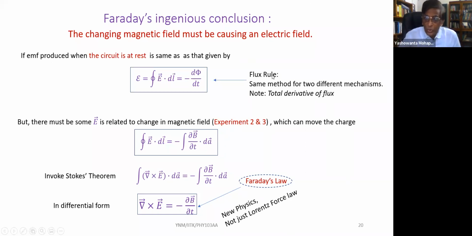So the flux rule is really the same method for two different mechanisms, or as Griffiths says, they are two twins. That doesn't mean they're the same. If two persons have two different names, it doesn't mean the two persons are the same. So the flux rule is a procedure which will give you the same answer for the two cases, but there are intrinsically two different mechanisms, at least in the laboratory frame.